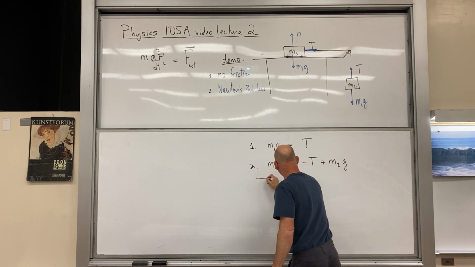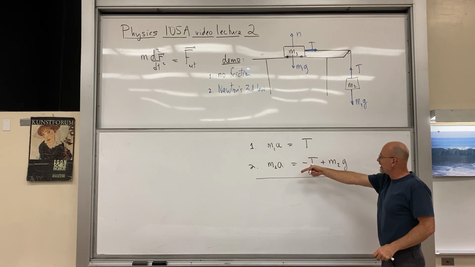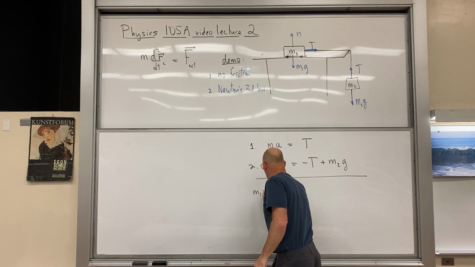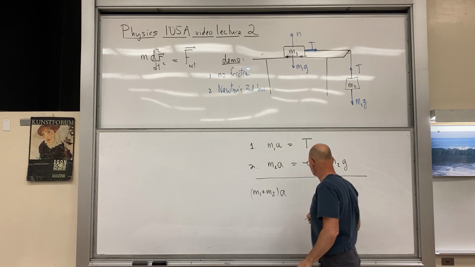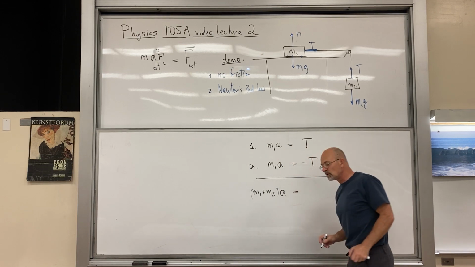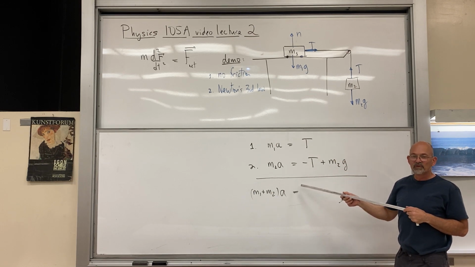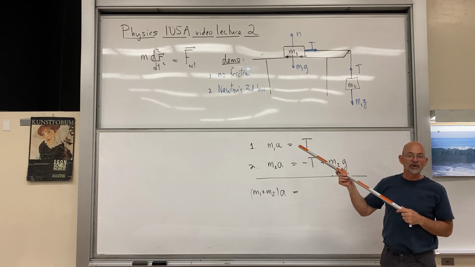A nice way to work this is that we're going to add the left side and add the right side. So here we get M1 plus M2 times acceleration equals, now T and minus T goes to 0. We'll see later in the more formal theory, this is a property of internal forces.